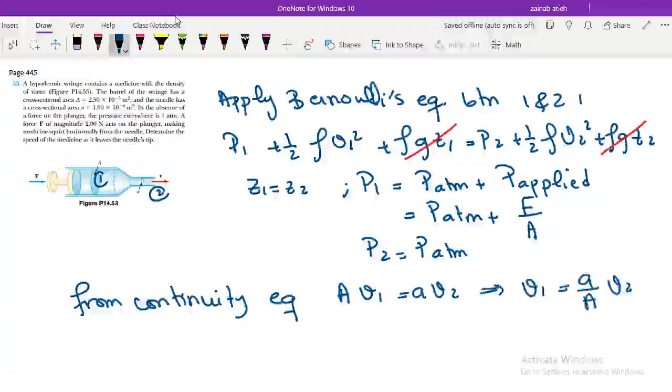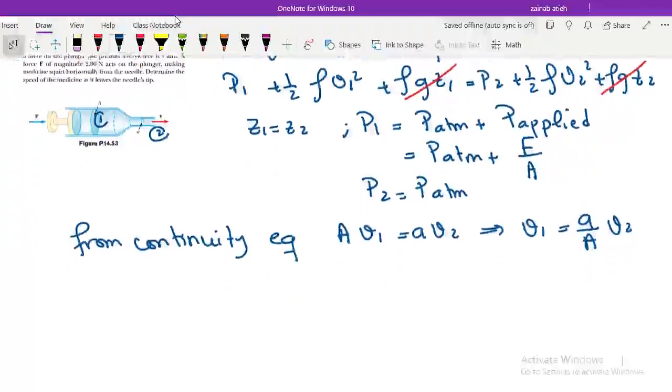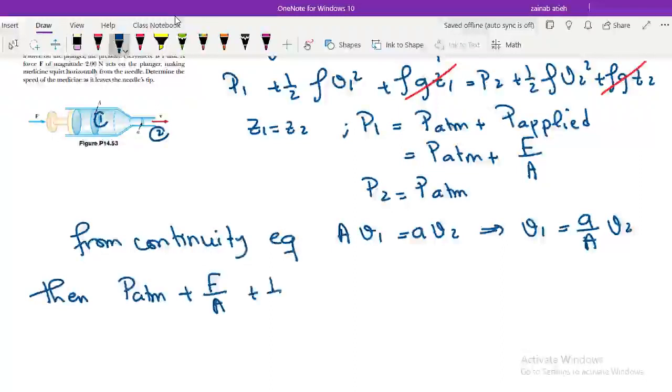Now I substitute V1 in the equation of Bernoulli to get an equation simply containing V2, so I can find V2 this way. Let me substitute in Bernoulli's equation, then I will substitute P1, it's P atmospheric plus P applied, or it was F over A, plus half rho, I will substitute for V1, a squared over big A squared V2 squared.